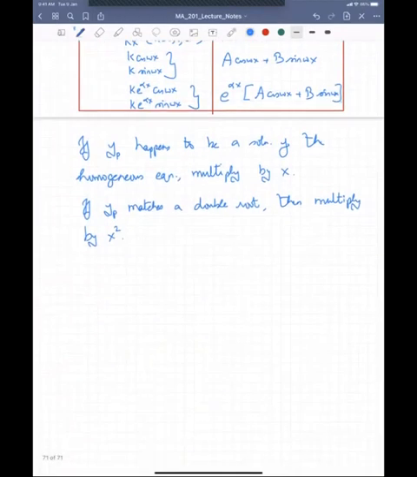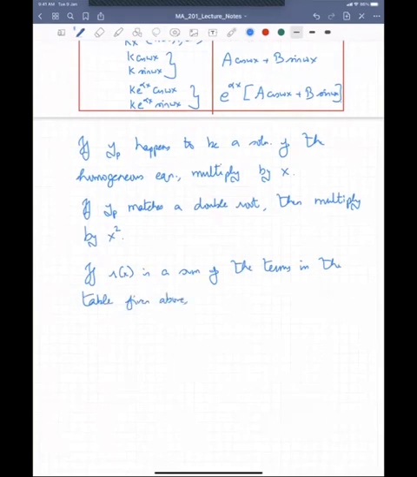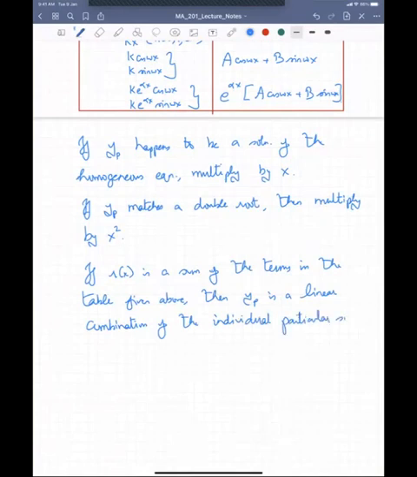Now the third important rule which makes the entire thing so easy is if r of x is a sum of the terms in the table given above, then yp is a linear combination of the individual particular solutions.